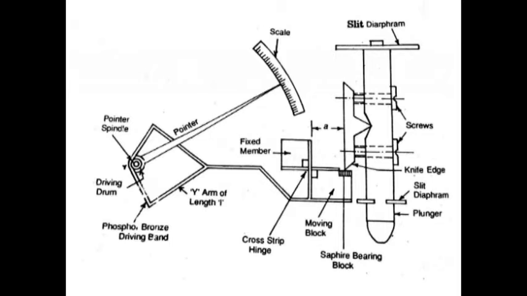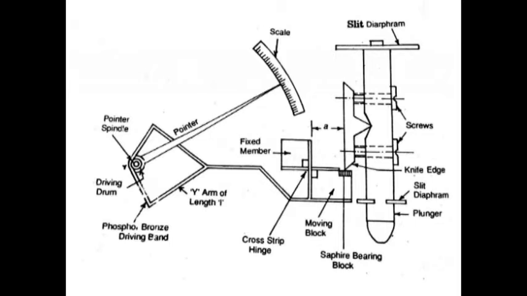The moving block carries light metal Y-shaped forked arms. A thin phosphor bronze ribbon is fastened to the ends of the forked arms and wrapped around a small drum mounted on a spindle carrying the pointer.